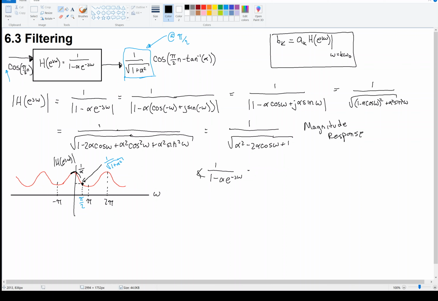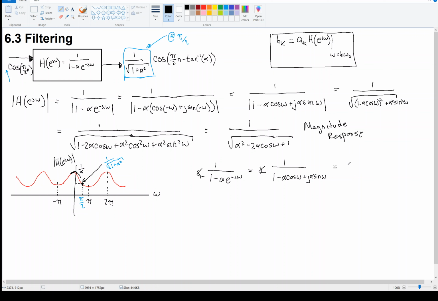Actually, let me back up. I want to express this in rectangular form again. So this is 1 minus alpha cosine omega plus j alpha sine omega. Okay, so I want the phase of this thing.